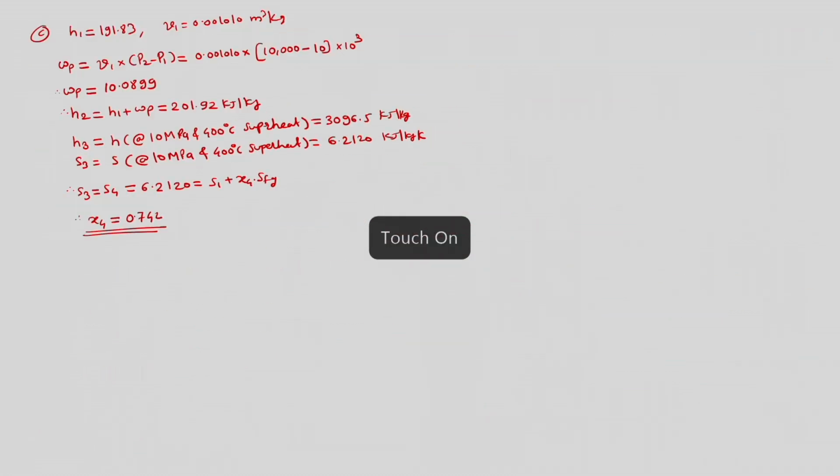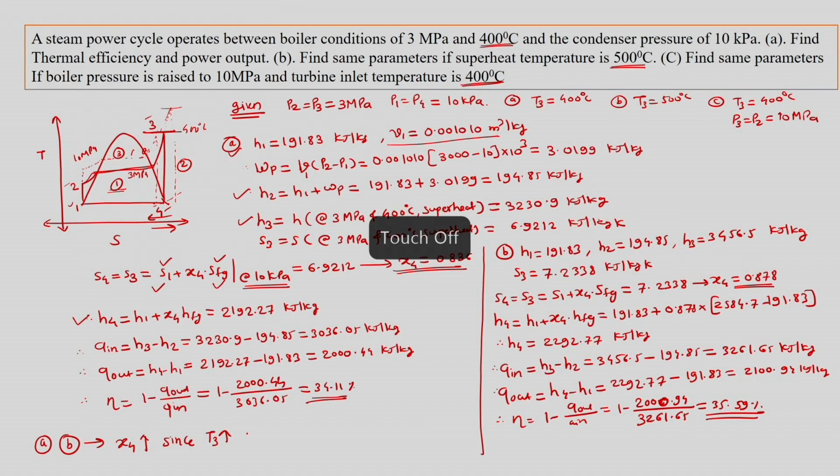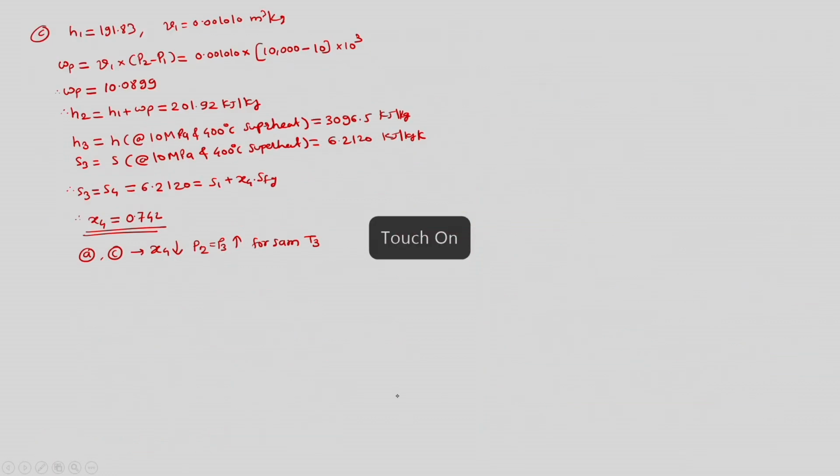And if we compare example A and C, then X4 decreased for the case that we increased P2, which is also equal to P3, for the same T3. So for the same P2 or P3 we got this conclusion.